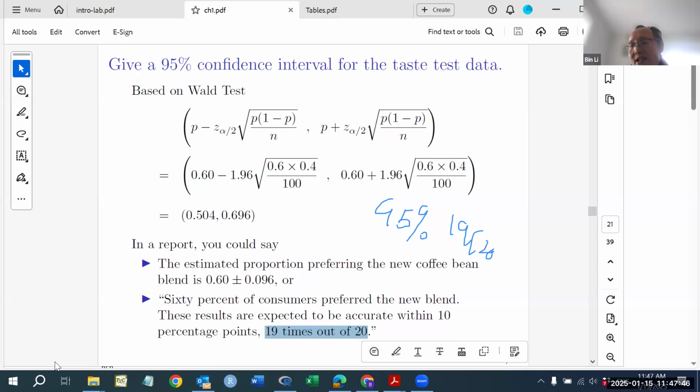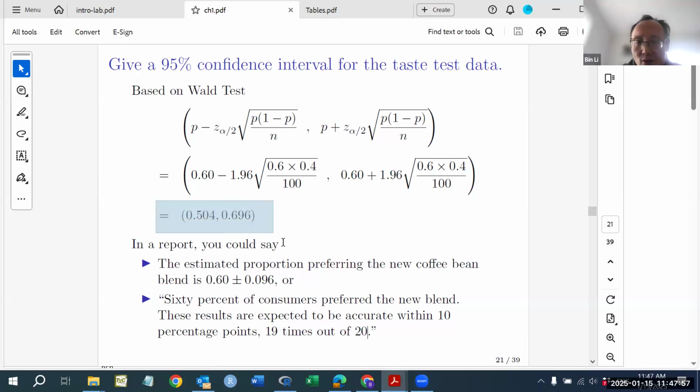The interpretation of confidence intervals is very tricky. When we show these confidence intervals and when you interpret them, you have to be very, very careful, because what is random and what is fixed?